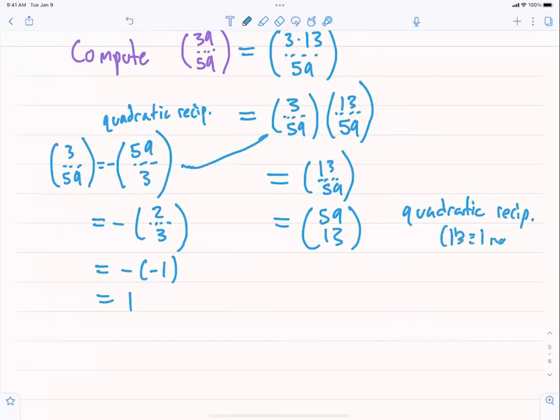As long as one of the primes you're flipping is congruent to 1 mod 4, you don't flip the sign. Here we used that 3 and 59 were both congruent to 3 mod 4, so that's why we had a sign over there but not over here. Then I reduce 59 mod 13, and I get 7, since 59 is 4 times 13 plus 7.